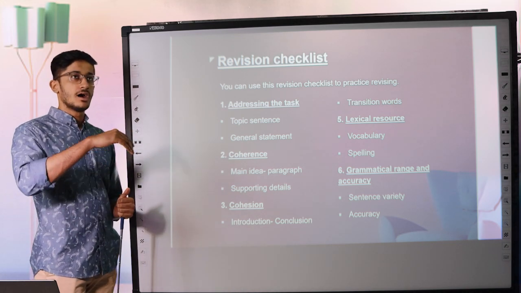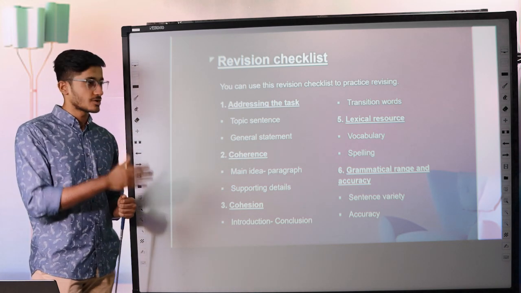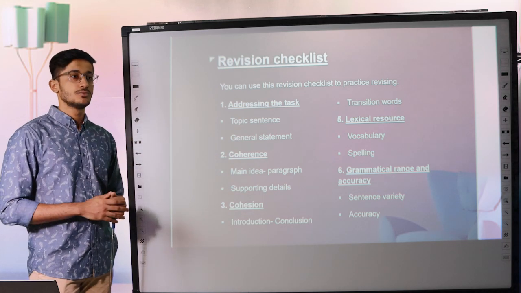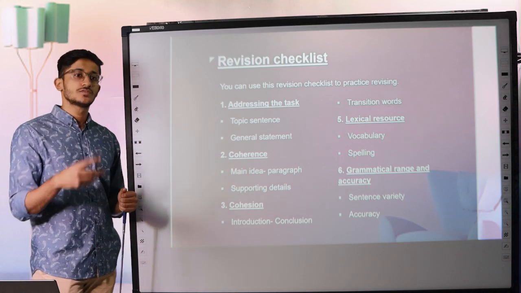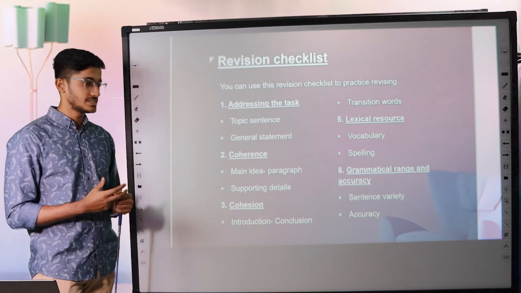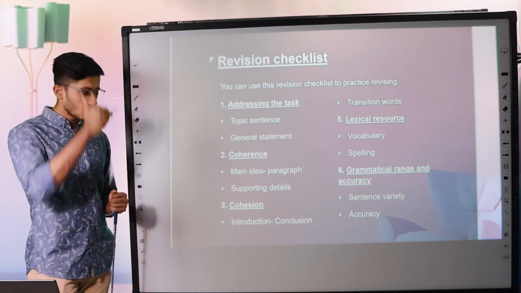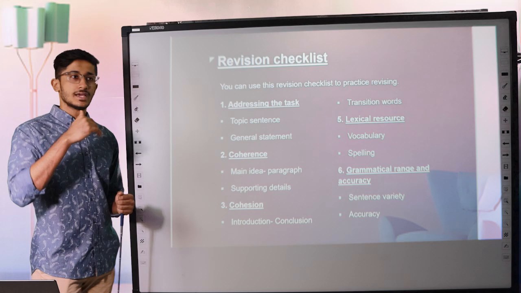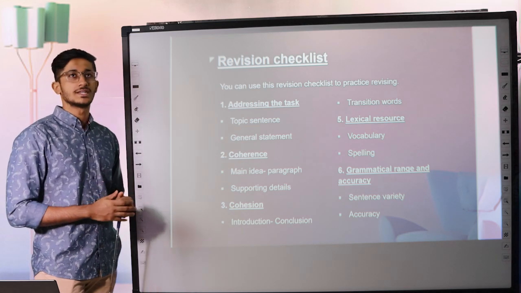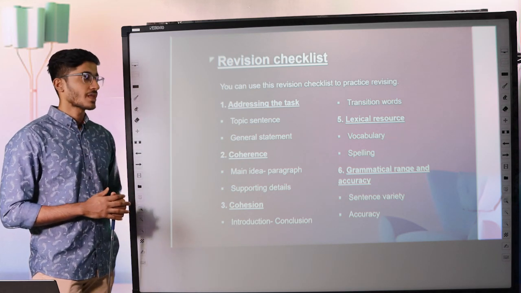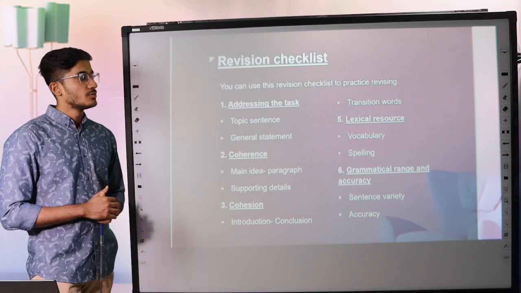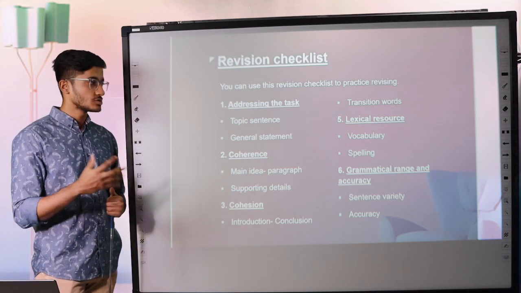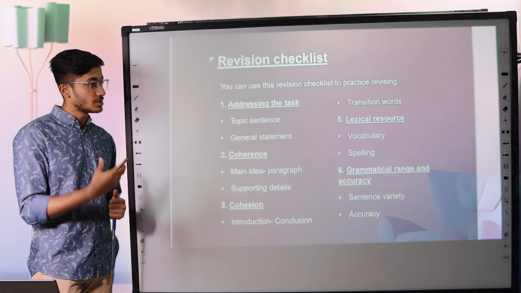As process diagrams have many steps, you have to link each of those steps with transition words, and check the whole flow of the essay, whether it is in good flow and in proper English. And then we have lexical resources, which can also be referred to as vocabulary or spelling.